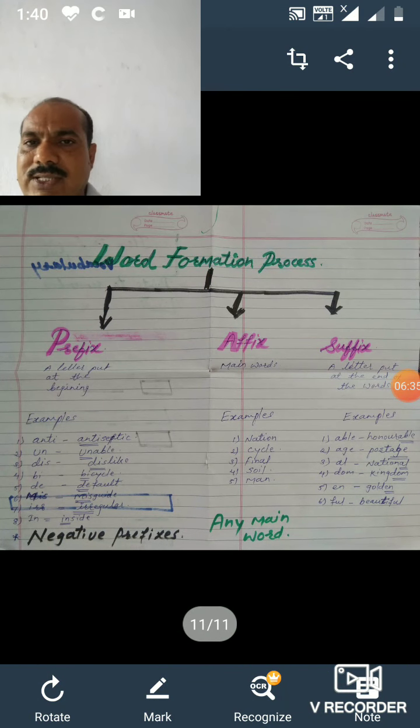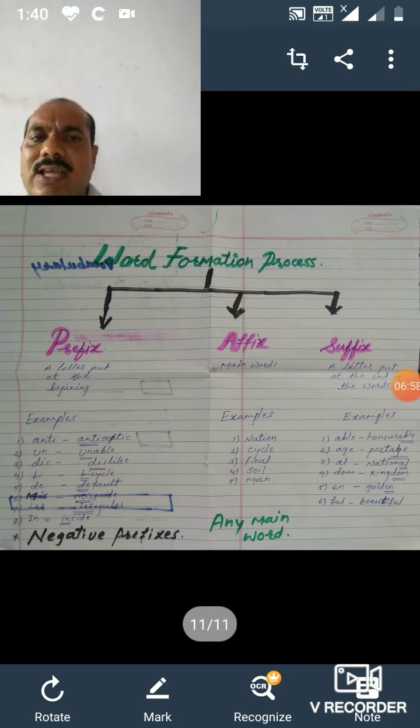Dear friends, you know the word formation process in English, which means the formation of new words. There are actually three basic ways. First one is prefix, second one is affix, and third is suffix.